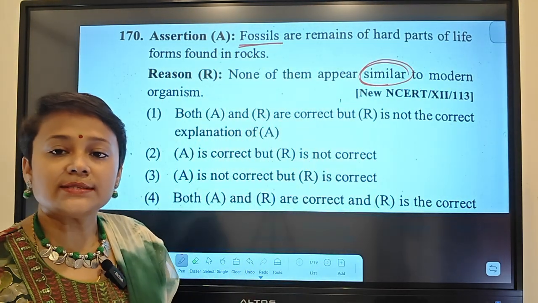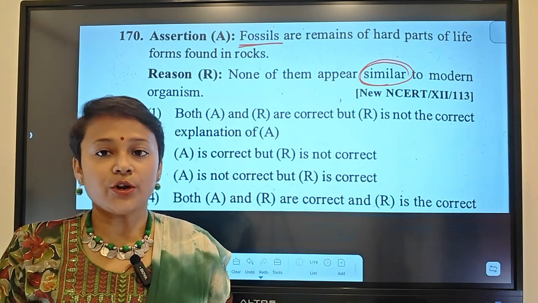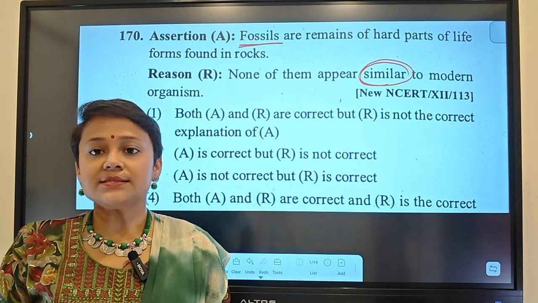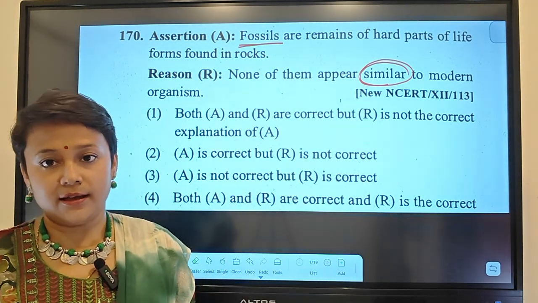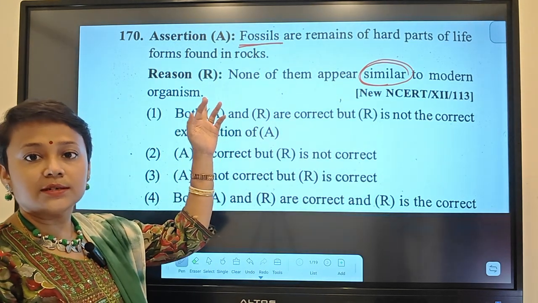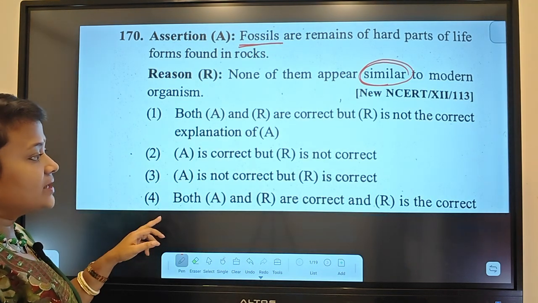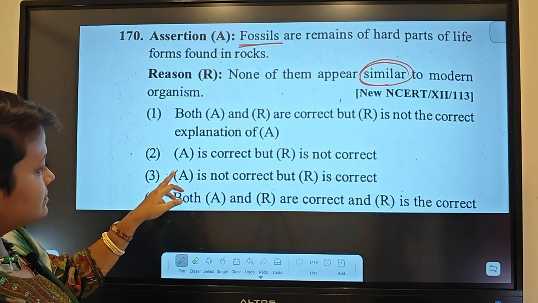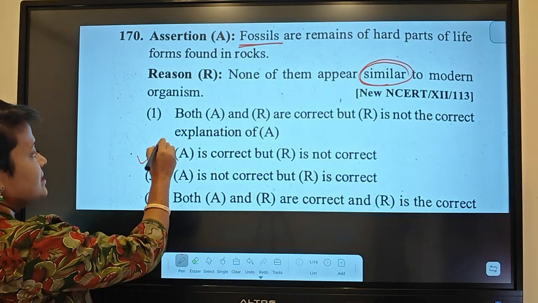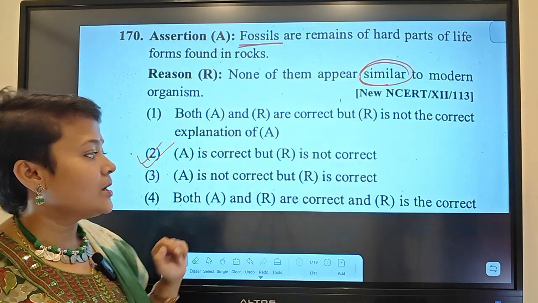Similar means, for example, the woolly mammoth is similar to the modern day elephant. There are so many examples which are similar to modern day organisms. So the reason is not a true statement, it is a false statement. So here we can say A is correct, but R is not correct. So this is an assertion reasoning based question.